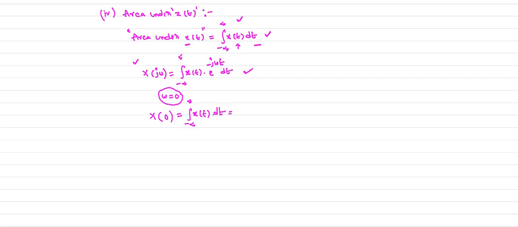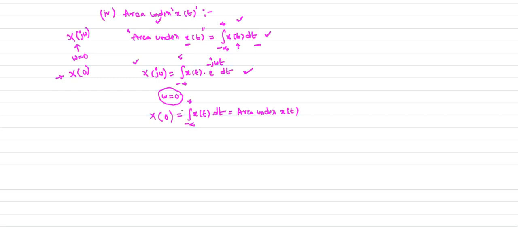This is nothing but the area under your time domain signal x of t. Now how to calculate the area under x of t? If you know your X of j omega, and you simply put omega equal to 0, you will get the area under the curve x of t.